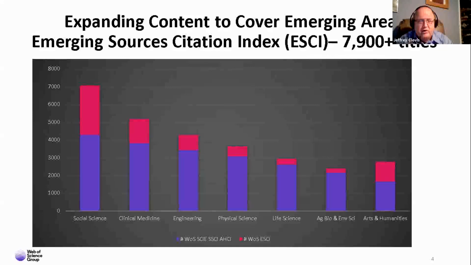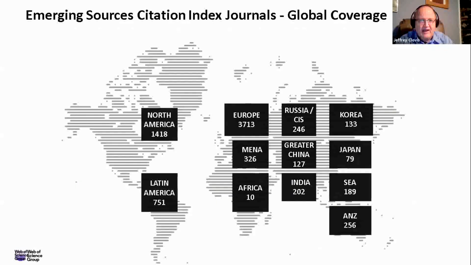Now, this is growing, so we have a number of things happening in the platform to add additional content, and that will just continue. This content comes from all over the world, how we've expanded the platform with the Emerging Sources Citation Index, and I won't go through this, but you can see that it's predominantly from Europe, the 27 countries in Europe, and then our 26 now, and then all of the other countries around the world.